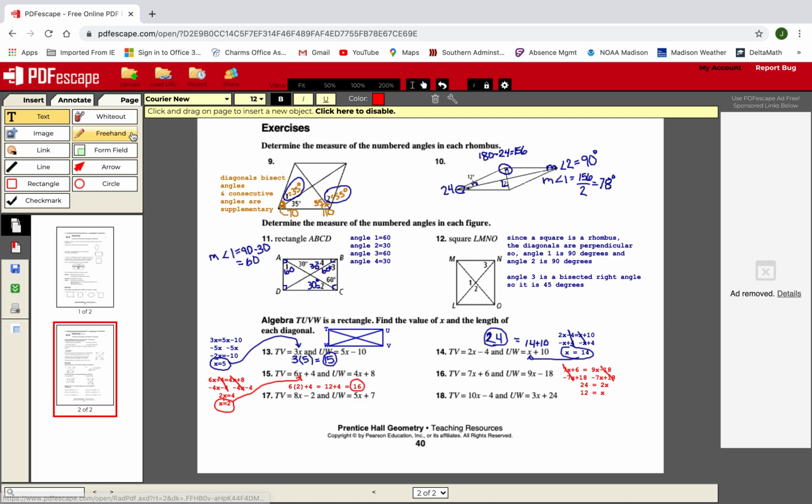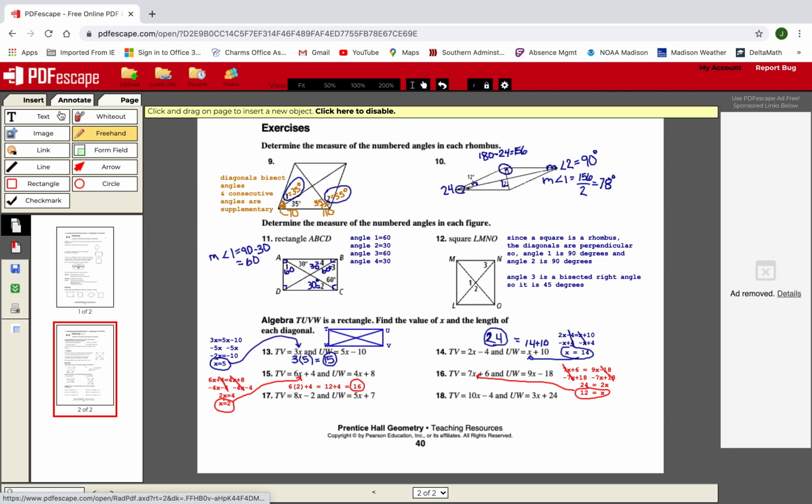Now that I know that x is 12, I can substitute that back in to one of these wonderful equations. I think I'm going to take that to this one. Okay.